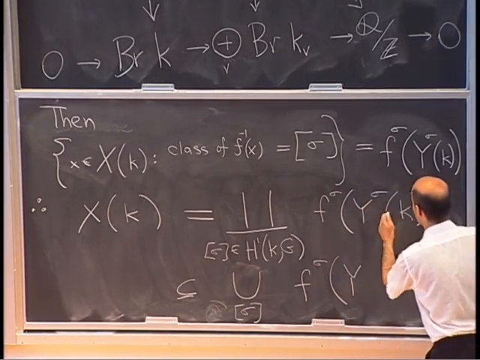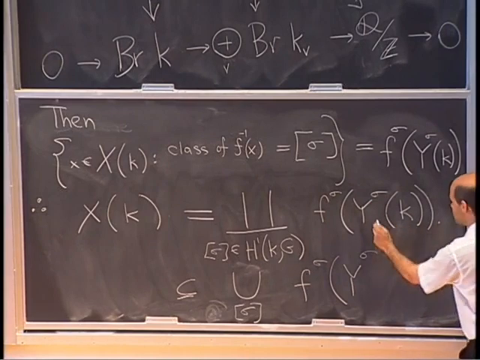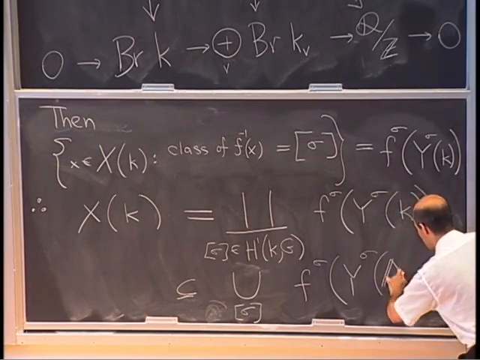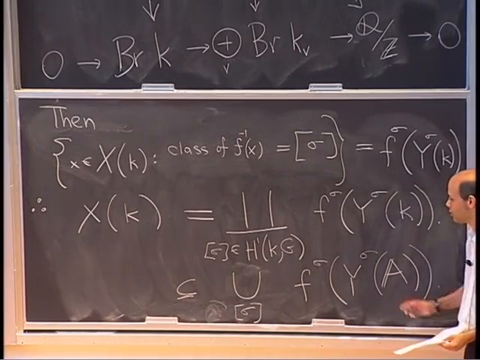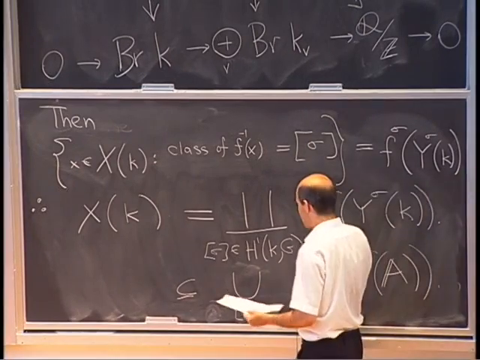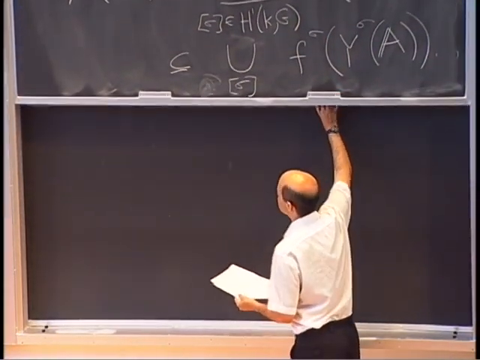In other words, I can try to eliminate these by checking whether these y sigmas have local points. And then it turns out that condition alone already eliminates all but finitely many. So it really is just a finite union.